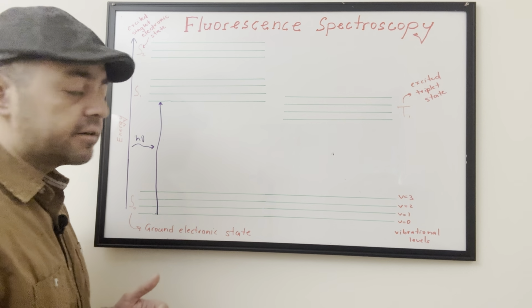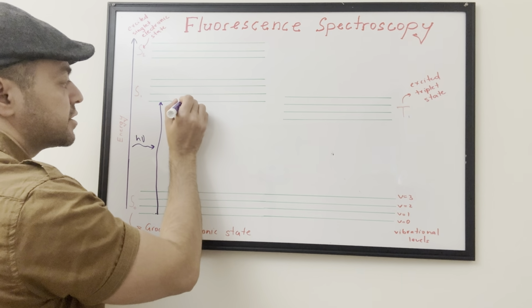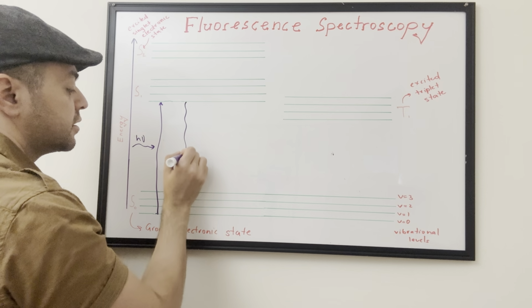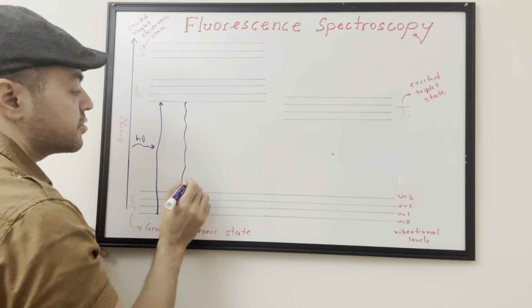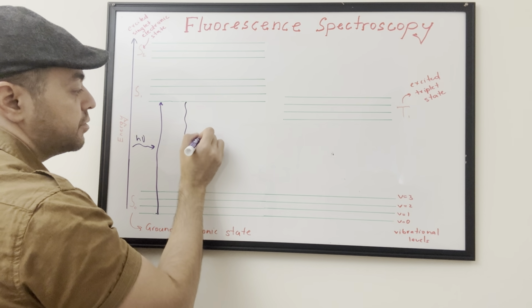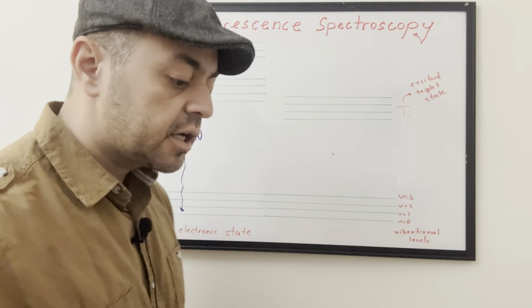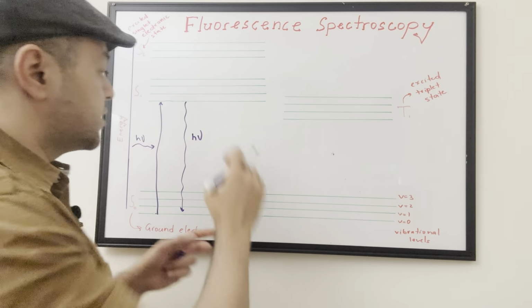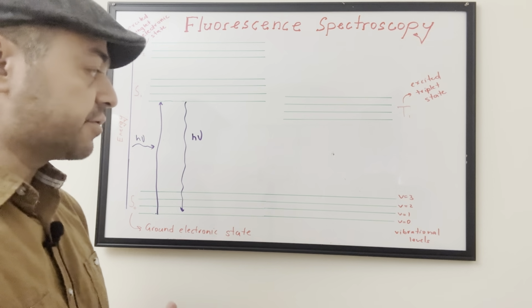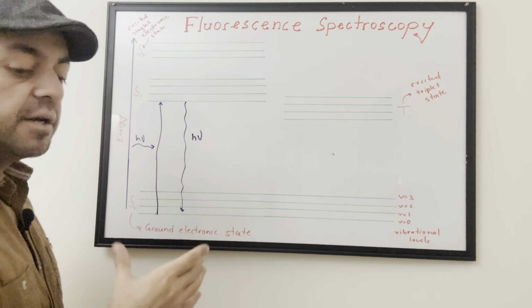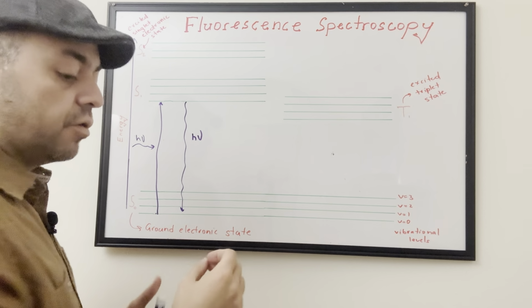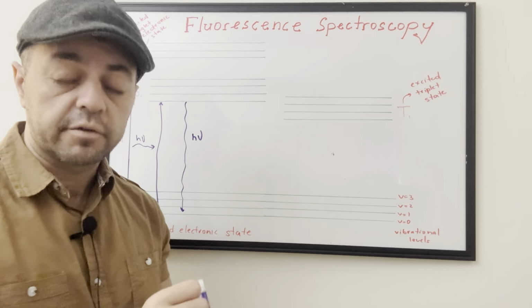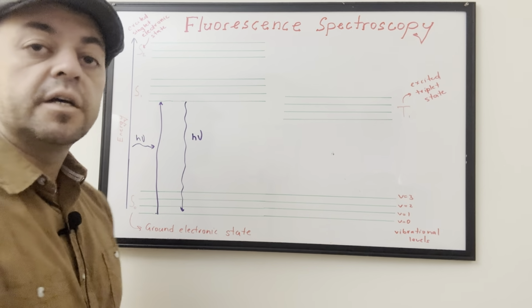So shortly after, the molecule starts releasing the energy as light, and that's what you actually see as a molecule shining under the microscope, or the intensity, which is the emission. Remember, fluorescence is emission-based spectroscopy. You only see the molecule fluorescing when there is an emission.